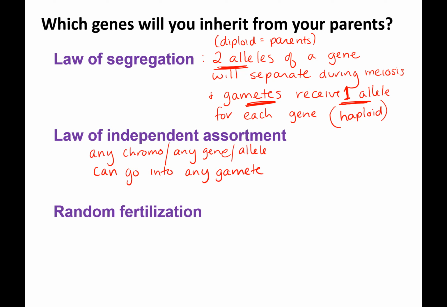You get any kind of combination based on the law of independent assortment. Random fertilization is our final way to get genetic diversity, and that means any egg can be fertilized by any sperm. And we look at random fertilization using a Punnett square.